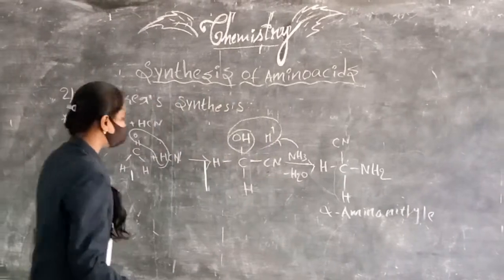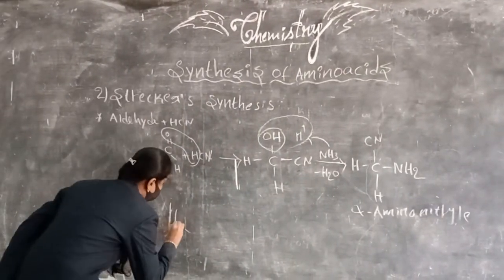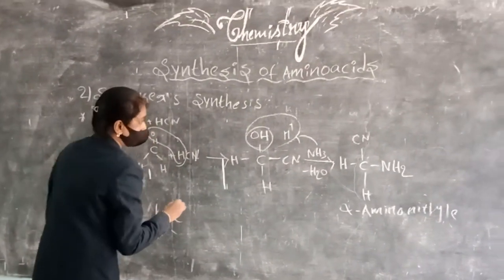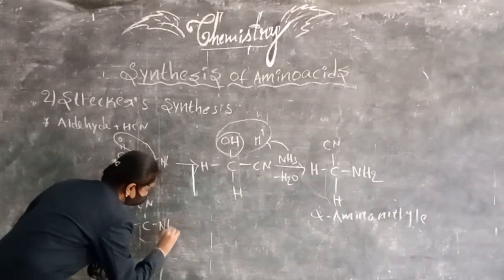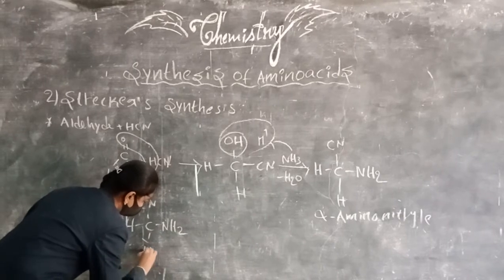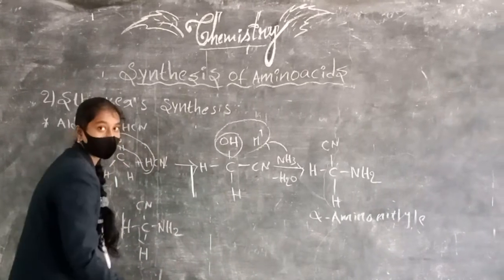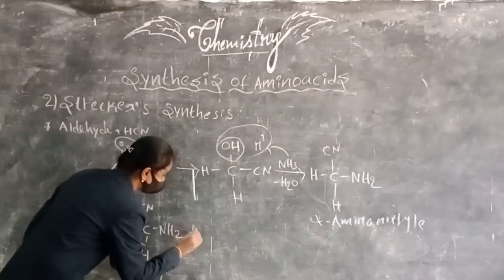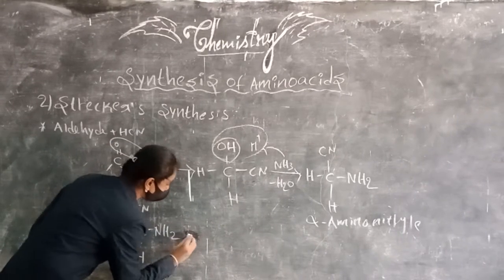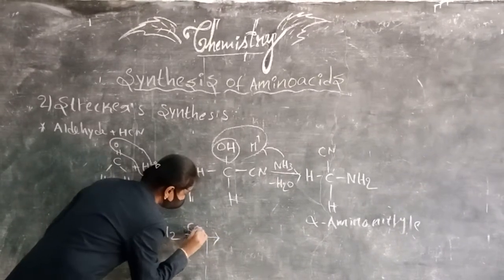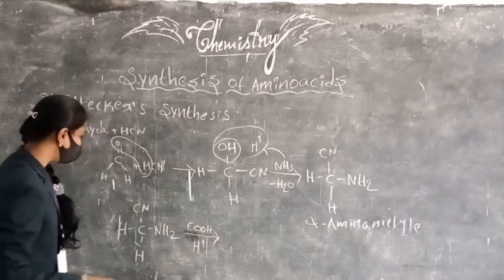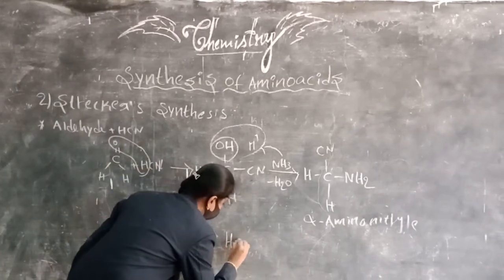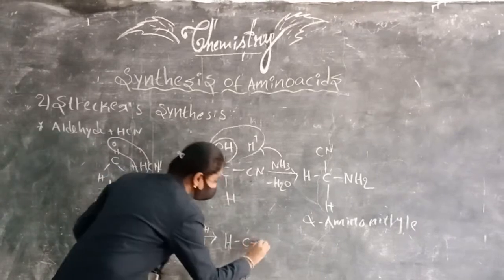This alpha amino nitrile undergoes further reaction with H2O and hydrogen. Alpha amino nitrile is treated in the presence of acid. Acid in the sense, we put H plus here. So we get H, C and NH2.